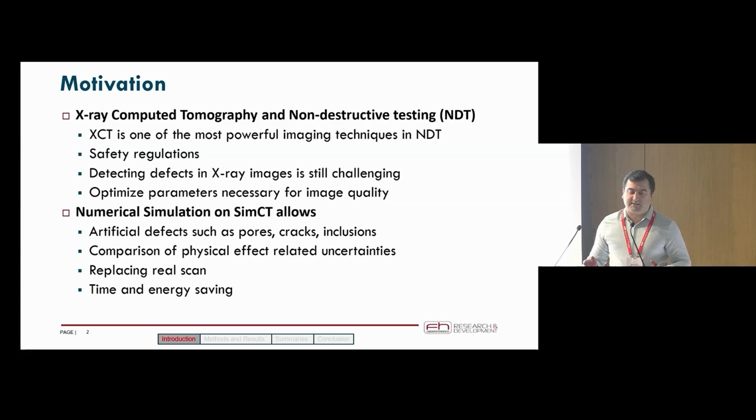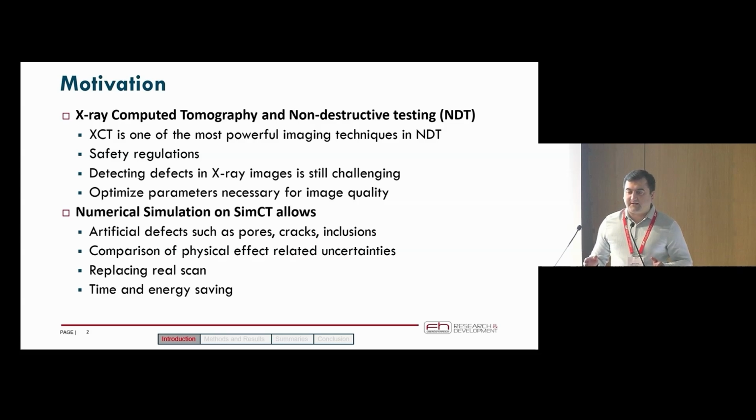It's also important for safety regulations and for quality checks of the specimen to ensure the quality of the image. However, detecting defects in X-ray imaging is still a challenging problem, especially for small defect types.